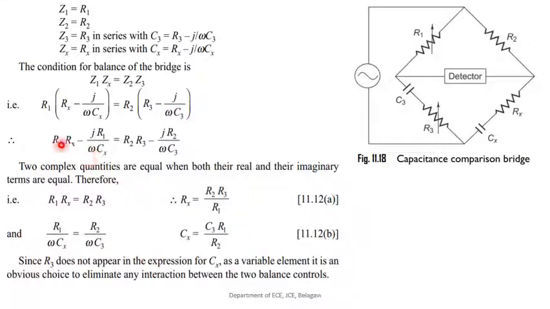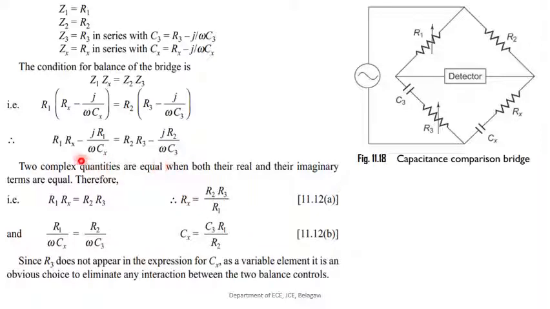If you simplify this, you will get this part. Now you can see R1 into Rx is real, minus j times R1 divided by omega Cx is the imaginary part, equal to R2 R3 minus j times R2 by omega C3.